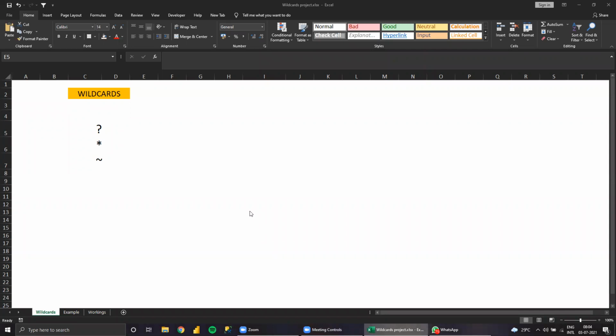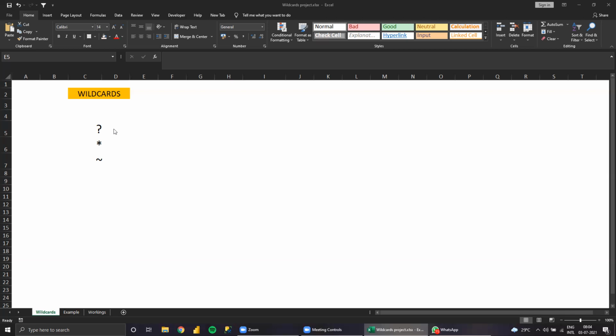So today, as of now, two projects are seen. One is matching line items, and one is allocation journal, all that. Before we go ahead to the other formulas, we learn the wildcard characters. Wildcards are very important for using the other formulas.